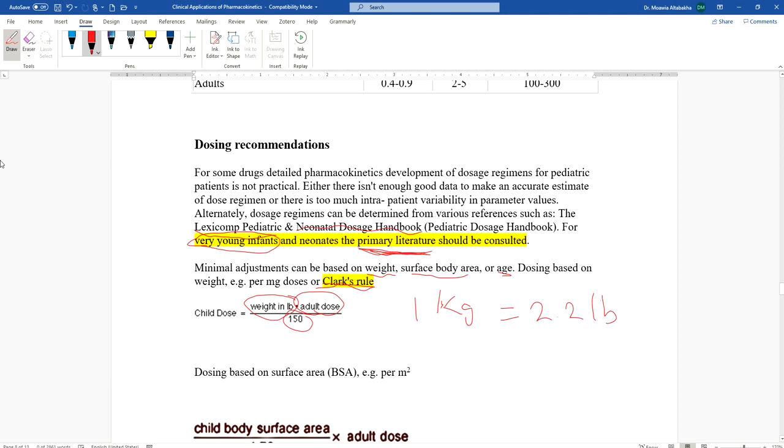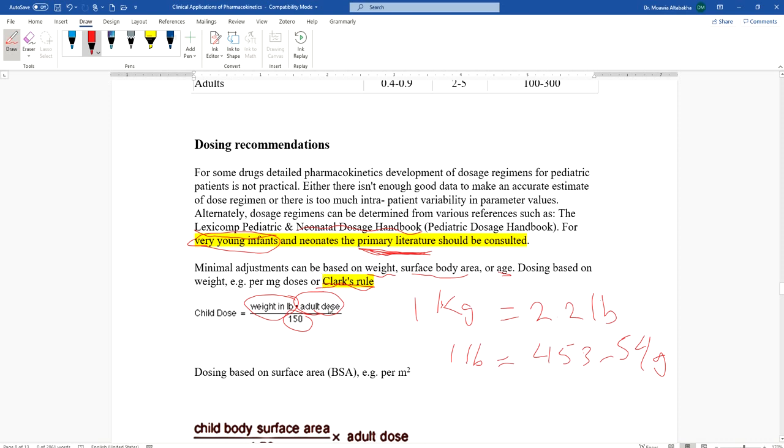Or 1 pound is equivalent to 453.54 grams. Anyway, you need to memorize this conversion because it's common.